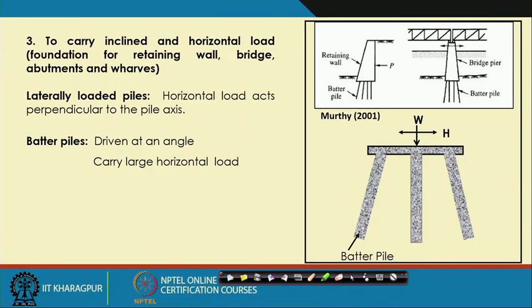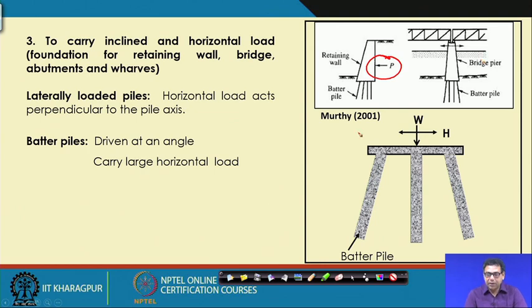So, in those cases the pile is subjected to horizontal load, or it can be subjected to inclined load also. So, you can see if it is below the retaining wall, the earth pressure is acting in the horizontal direction. So, this is the earth pressure which is acting in the horizontal direction. So, the pile will also be subjected to horizontal or inclined load, similarly for the bridge abutment.